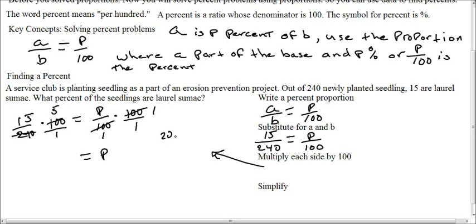So 20 divided into 240, that's going to give me 1, and 1 times 20 is 20, and I have a 4, and bring down my 40, and of course 20 goes into 40 2 times, and that's 40. Okay, so now we can change that to 15 over 12.